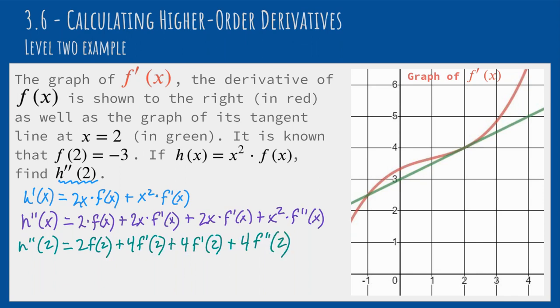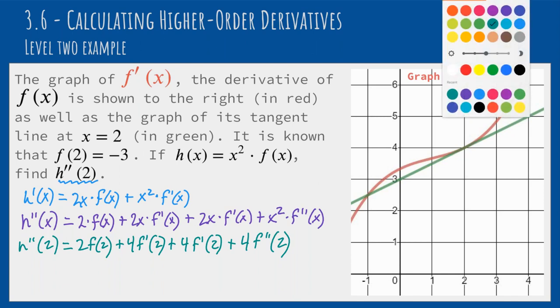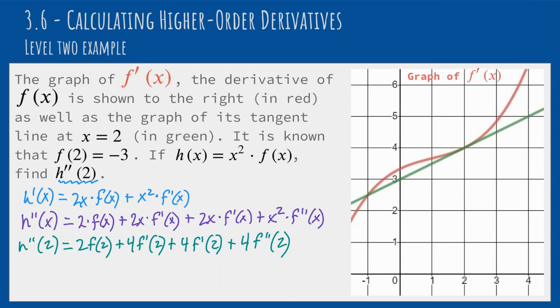Okay, so now I need to take information from the problem and plug it in for all this f stuff here. First of all, in the problem, we are told that f of 2 is negative 3. So where that f of 2 is here, we're going to put negative 3. So this is going to equal 2 times negative 3 plus 8 times f prime of 2.